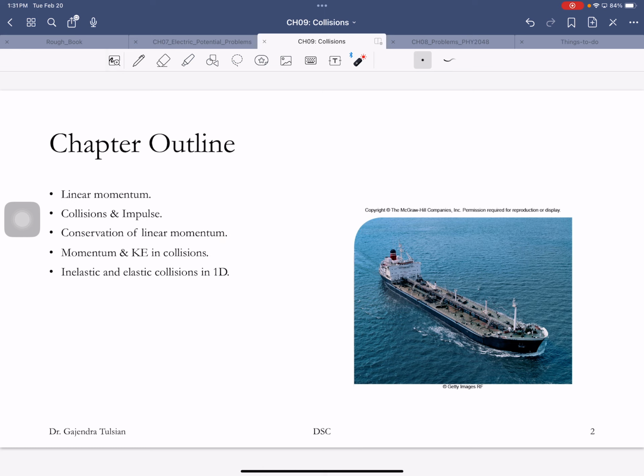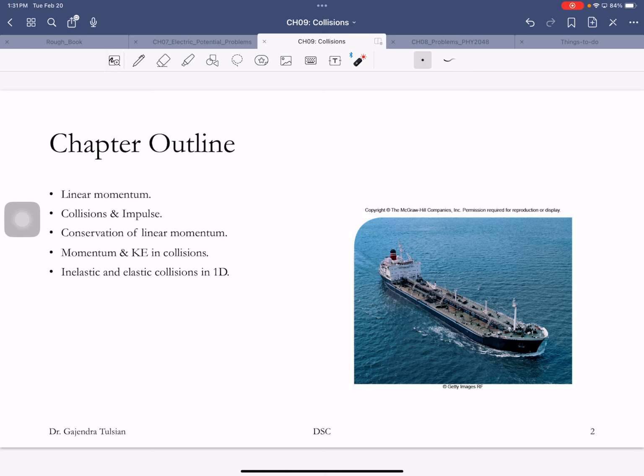Again, we are always looking for conserved quantities because that restricts the type of motions that a system can take. So if you have to conserve kinetic energy, let's say two pool balls of equal masses collide.